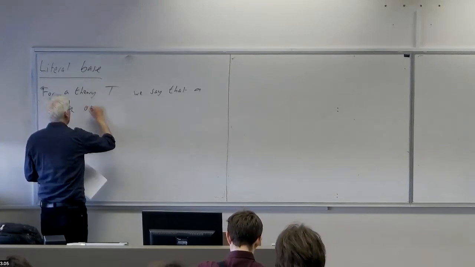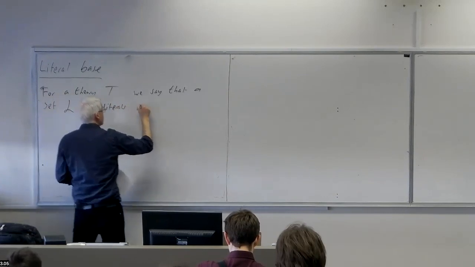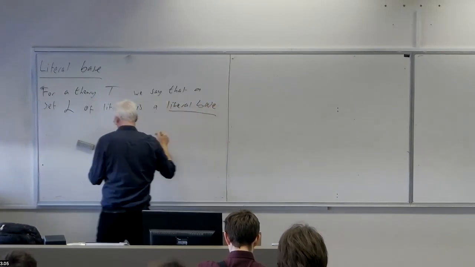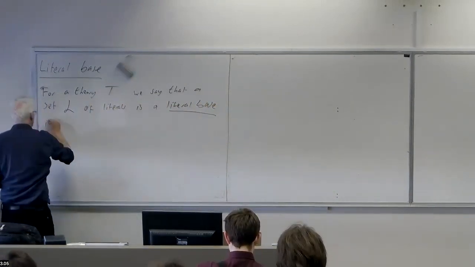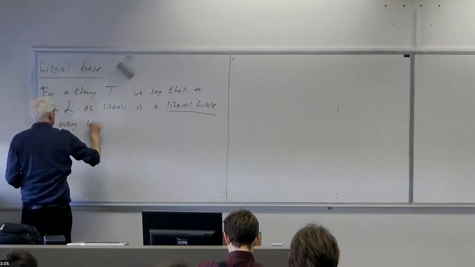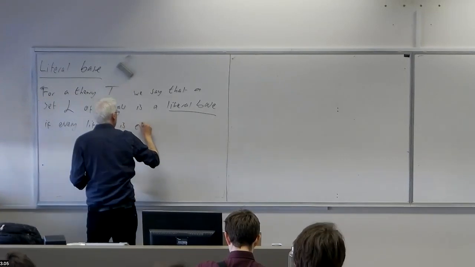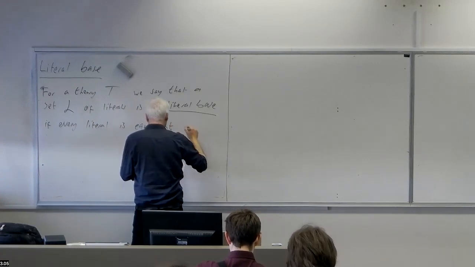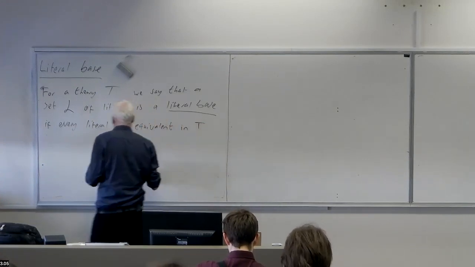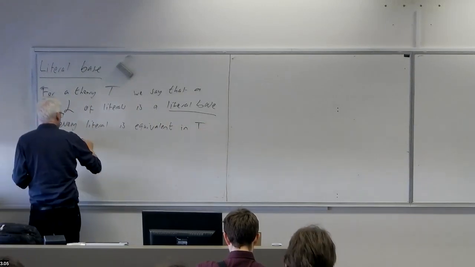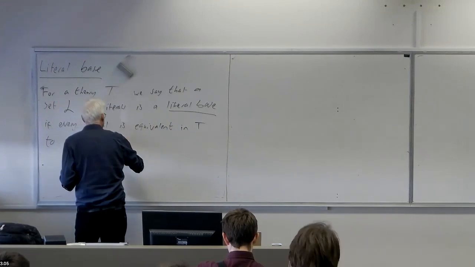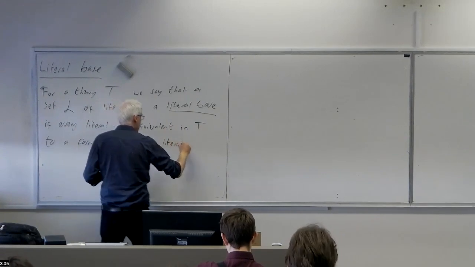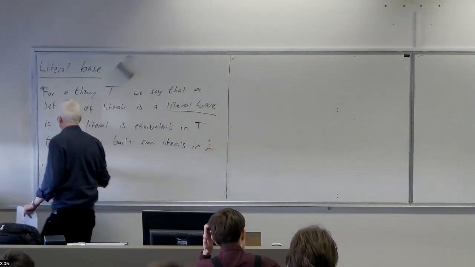So a set L of literals is a literal base if every literal that exists, not just the ones in L, is equivalent in T to a formula built from literals in the literal base, literals in curly L, using only conjunction and disjunction.